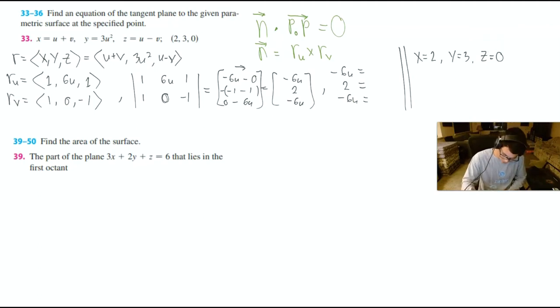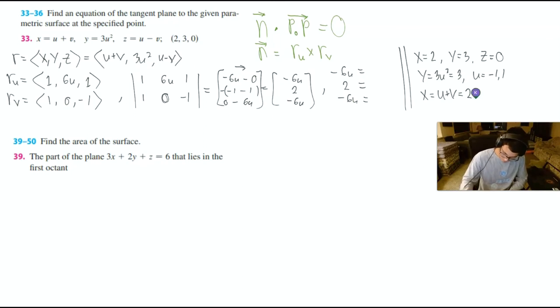Well then we also see that x is equal to u plus v. What does that mean? Let's use the y equation. y is equal to 3u squared, so then u has to be equal to either negative 1 or 1. Well, x is equal to u plus v, and x is equal to 2.